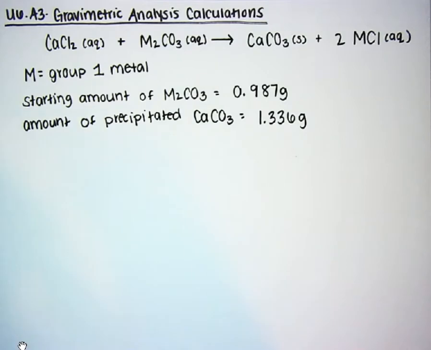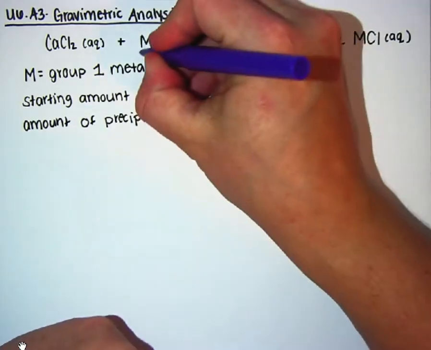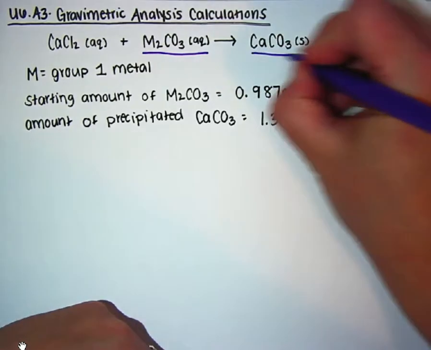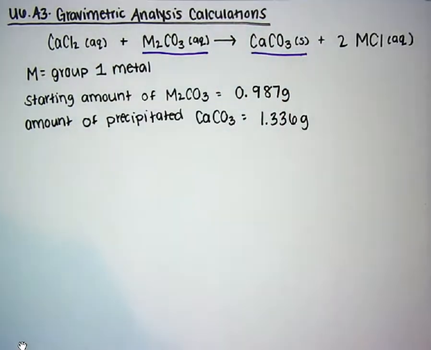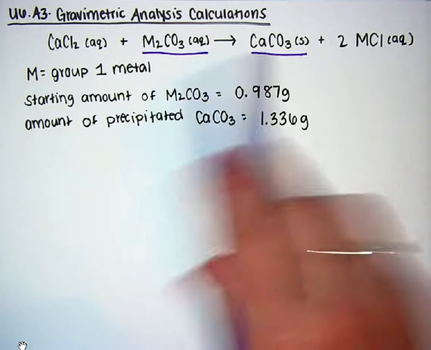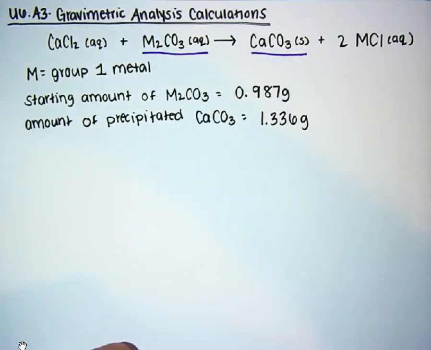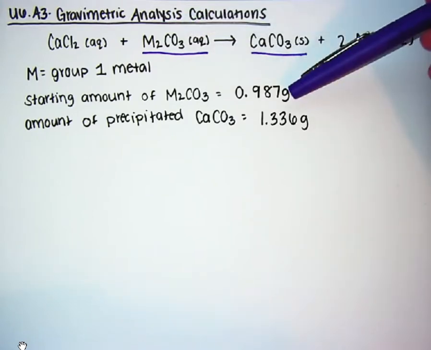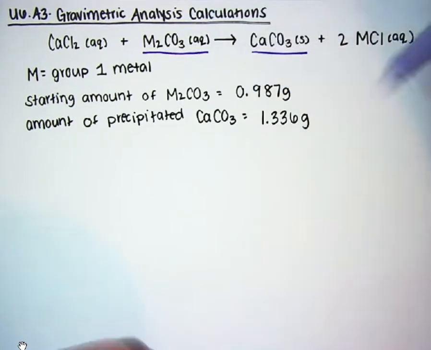The important thing is to look at our balanced reaction and note that I have a 1-to-1 mole ratio of my metal carbonate to my calcium carbonate. So if I can solve for the moles of calcium carbonate, that's going to be equal to the moles of metal carbonate, and then I can take grams divided by moles and that will get me to molar mass.